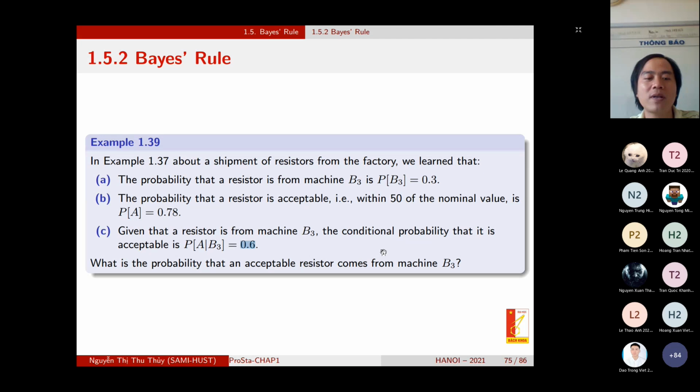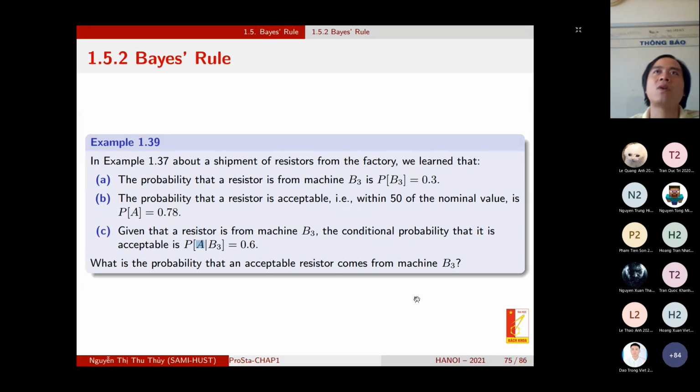At the beginning, you know that if it is made from machine 3, the probability that it is accepted is only 60%. But now, for example, you don't see the mark anymore, so you just know that it is accepted. So what is the probability that it comes from machine 3? That's the interesting question also.